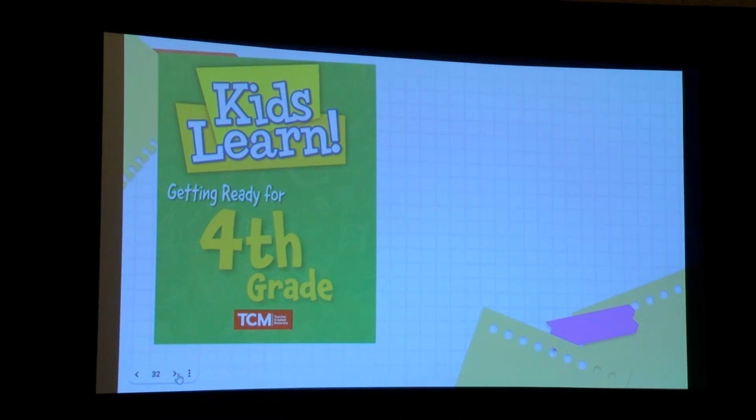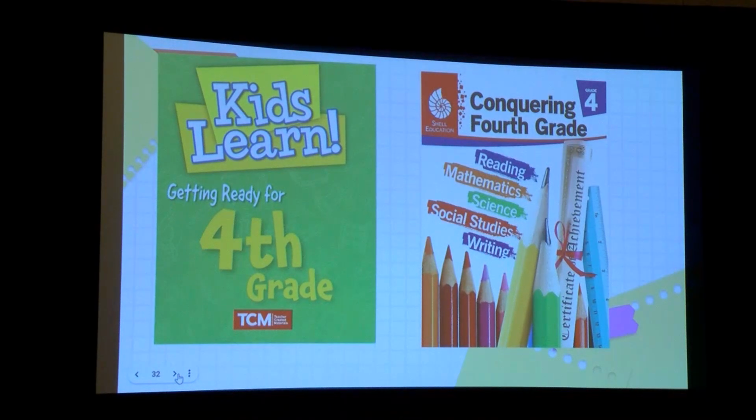The next resource that I'd like to talk about is Conquering Fourth Grade. This is a comprehensive resource that covers all of the key subjects that your child will encounter in fourth grade, including reading, math, science, social studies, and writing. Each section is packed with activities and exercises that are aligned with the standards your child will be learning in school. And speaking of standards, on your table you will see a sheet that says fourth grade priority standards.